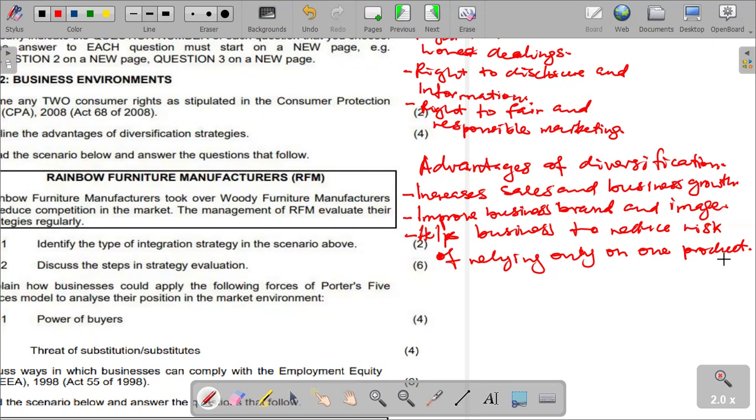It also helps business to gain more technological capability through product modification. Businesses can gain more technological capabilities.